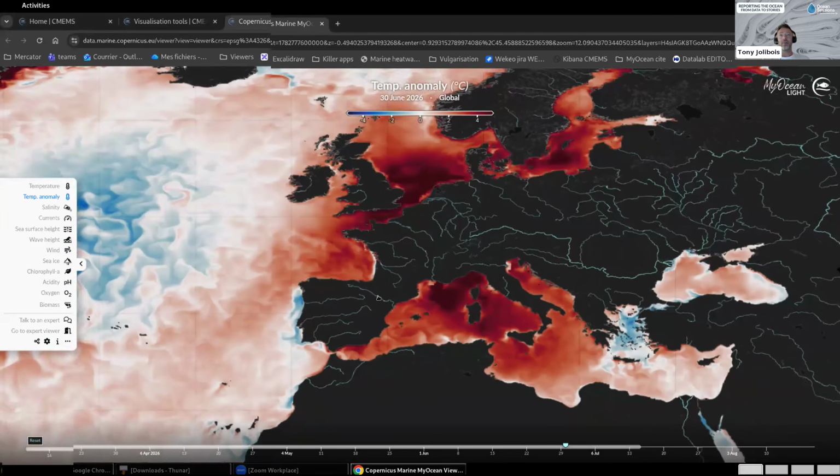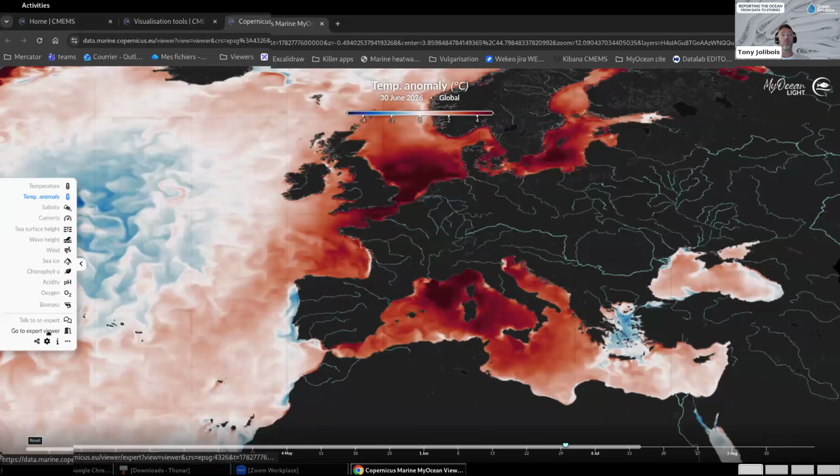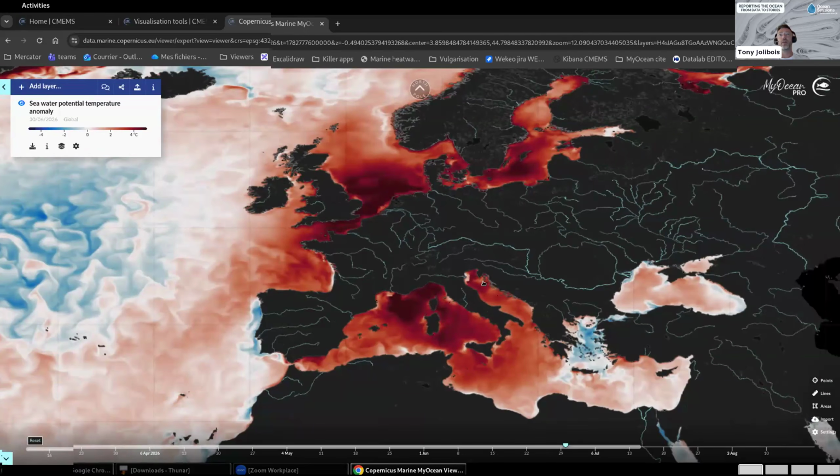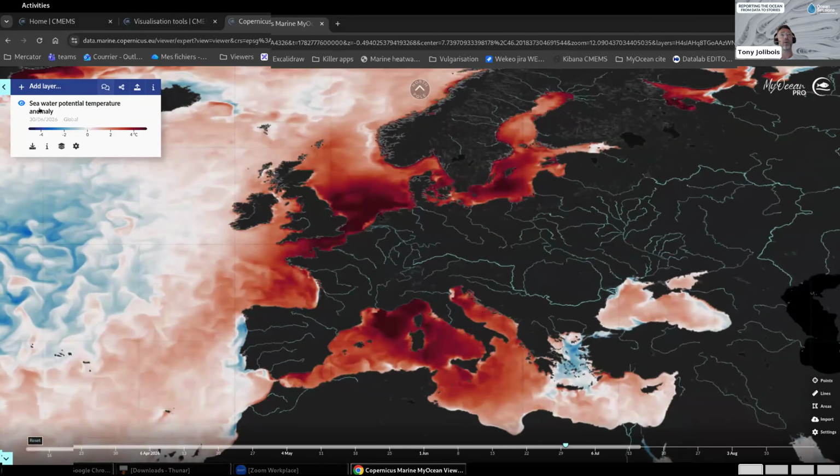So this is My Ocean Lite. I will switch to the Pro Viewer, since you can have some extra features that can be very interesting for you. So here you have this Go to Expert Viewer. So nothing has changed for the moment, but you have this layer control that is a bit different.